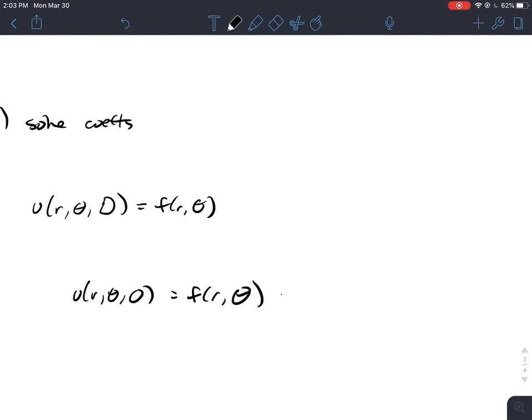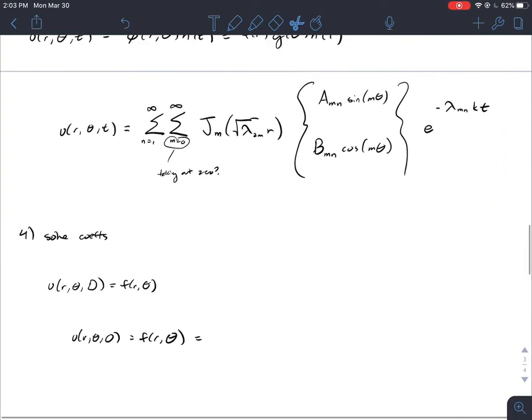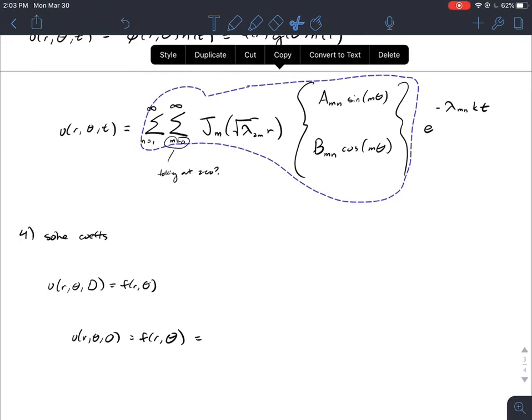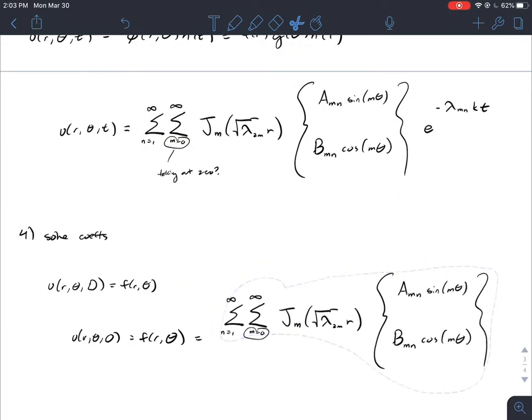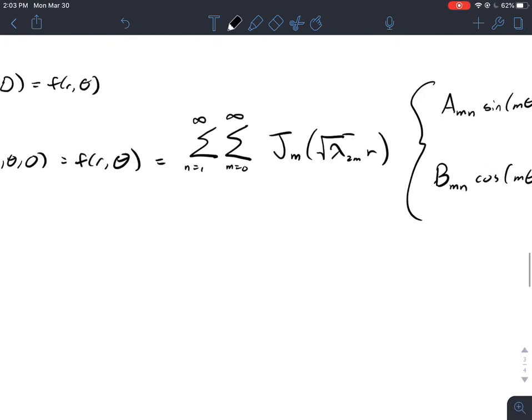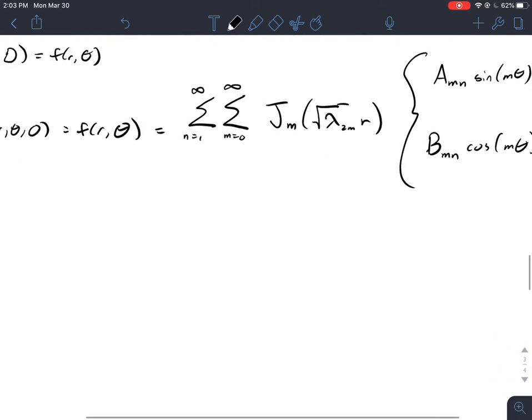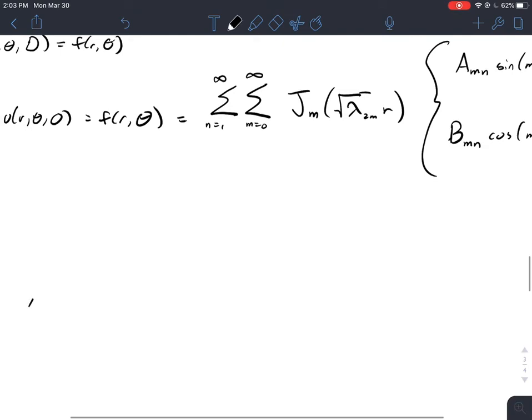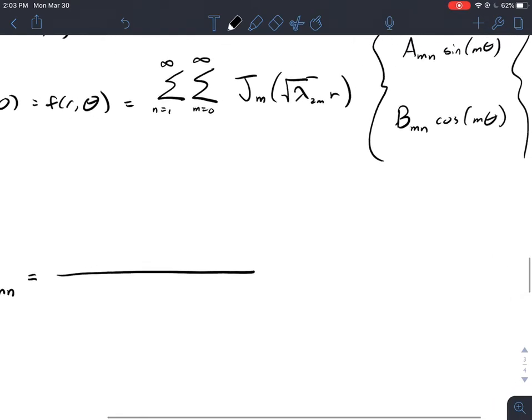At t equals 0, f of r, theta is equal to everything here except for the last term, because that just becomes 1 at time equals 0. And then if we solve for amn, we're going to have to use double orthogonality here.